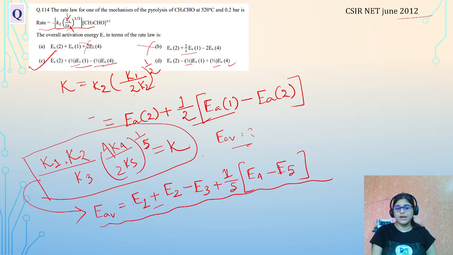Fine. I hope you understood these topics in a clear way. I have taught you all kinds of questions which actually come in the CSIR NET and GATE. Okay. Some tricky problems are there, but if you understand the theory and the equation properly, you can solve it.